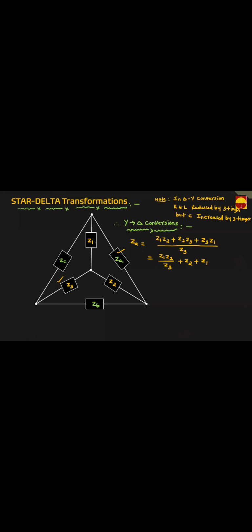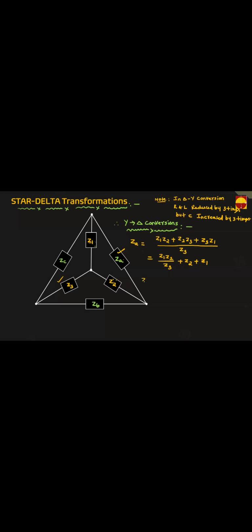That is, add these two and multiply these two and divide by Z3. That is one more way to remember. Understand, students? To calculate ZA, one way is Z1 plus Z2 plus Z1Z2 by Z3.